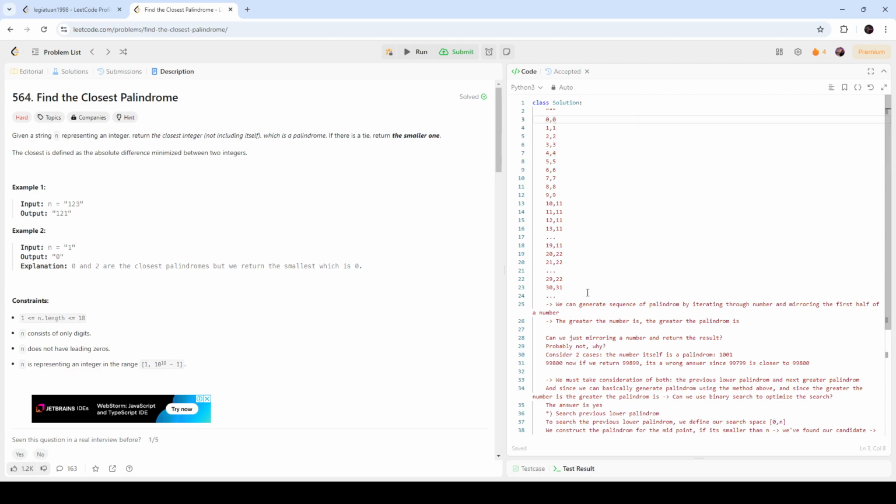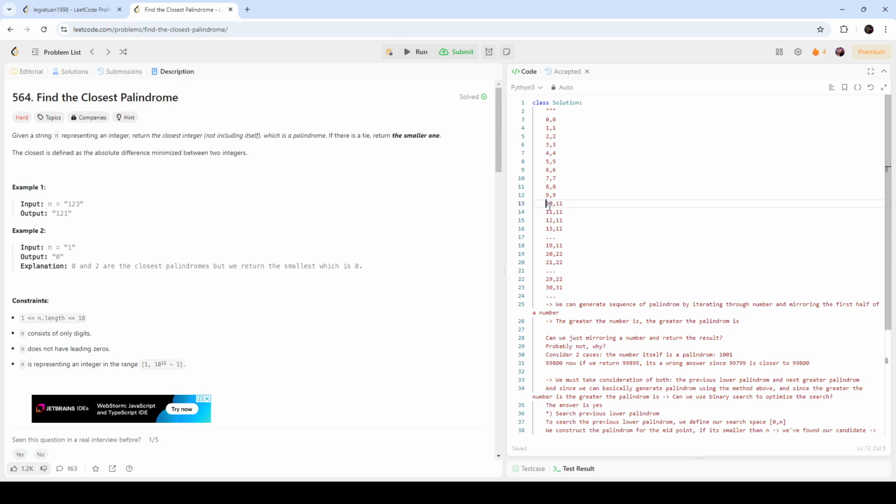So now let's take a look at this. We iterate from 0 to whatever it is. As I previously said, a number that has a length smaller than or equal to 1 is a palindrome. 0 is 0, 1 is 1, all the way to 9, and now we come to 10.